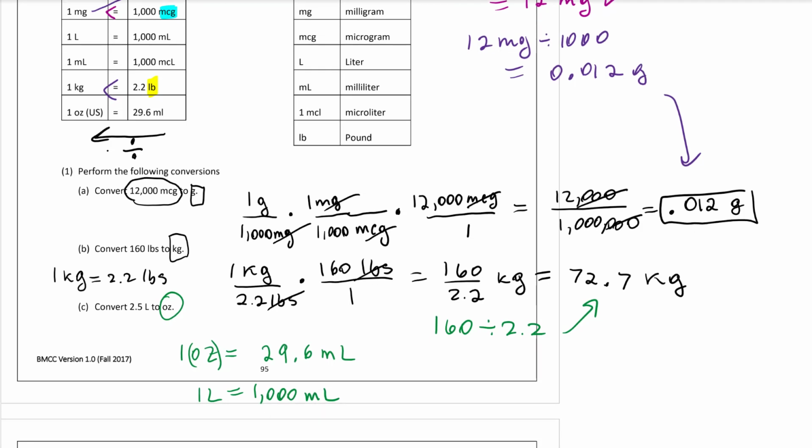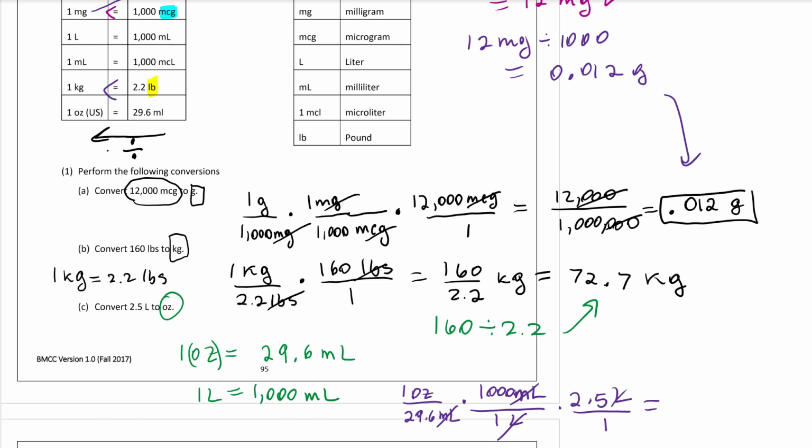And then that's it, because then liters is what we have to convert. So the way you set it up, look, using a unit analysis. All right, so we have 1 ounce is 29.6 ml. Then 1,000 ml is 1 liter. So that way ml cancels. All right, and then we have 2.5 liters, which is given to us, over 1. And then we can cancel that out, and then we can multiply across.